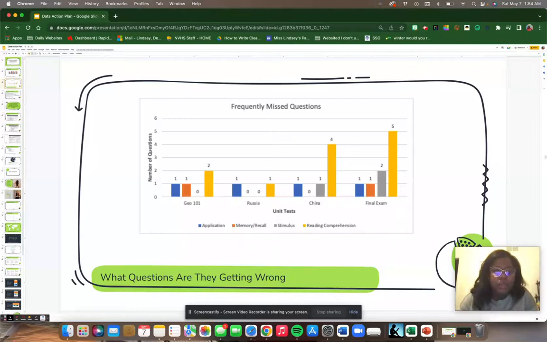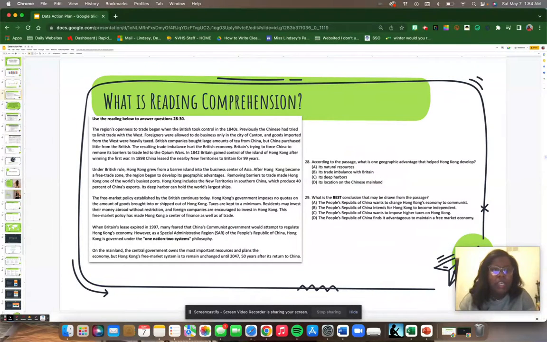So, reading comprehension is basically looking at a text and then having the students answer questions based off the text. So, an example would be this passage that we put on our final exam. Using this text, you will have to answer questions 28 through 30.